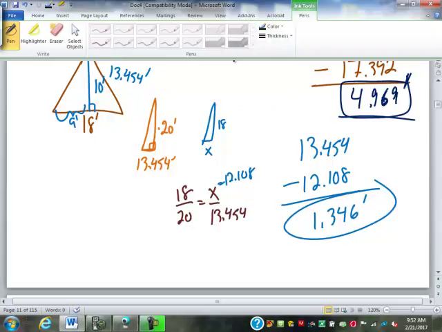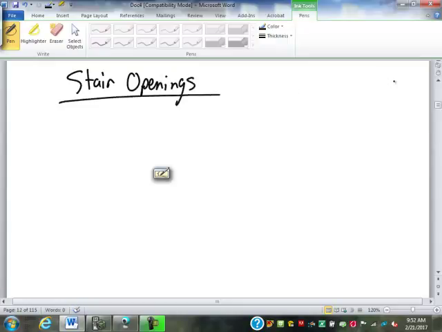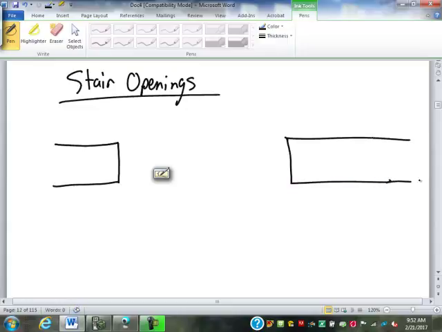Today, we are going to start talking about stair openings. For a stair opening, we have to consider there is a floor up above.